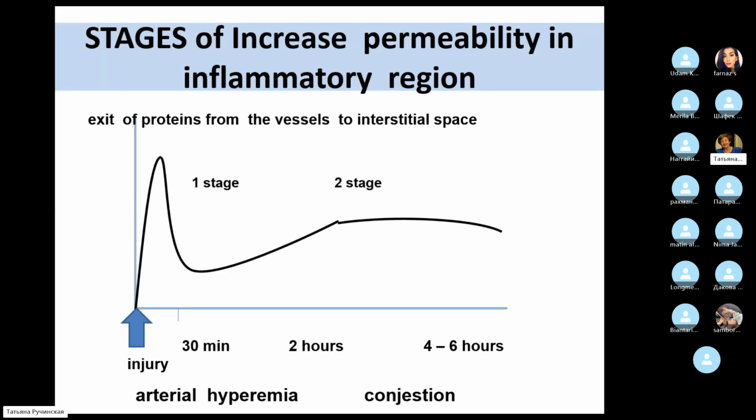You see, this is the graph which shows you that in increased permeability you can find two stages. How can they find it? Intravenously, they inject a color. This color can bind to albumins, and further they look at what happens after injury.